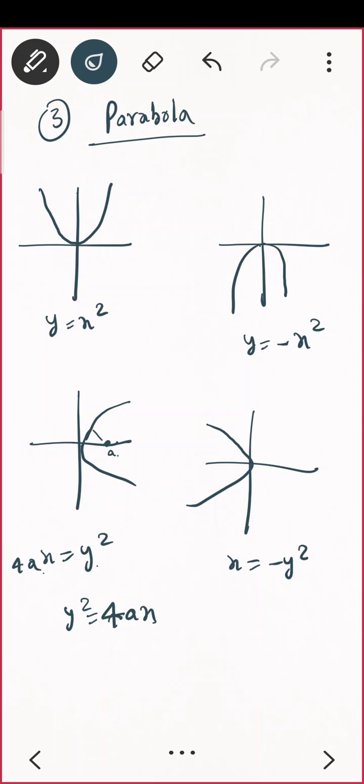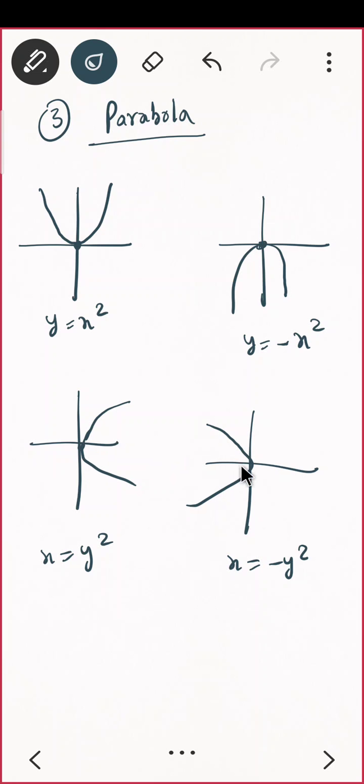See, in all the four graphs you see one thing common. What is that? Do you see something common in all the graphs? All of them are turning at the vertex, that is the origin.